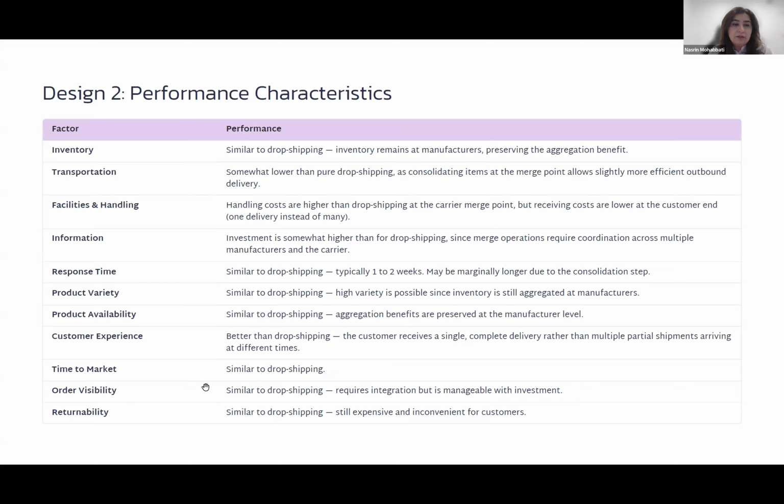In terms of customer value, response time is very similar because the manufacturers are the ones sending things, and they're far away from customers. Variety and availability are the same, again high because we have centralized locations. Customer experience can be better. Instead of receiving multiple packages at different times, now they receive only one package with everything in it. Time to market, order visibility, and returnability are the same as drop shipping.